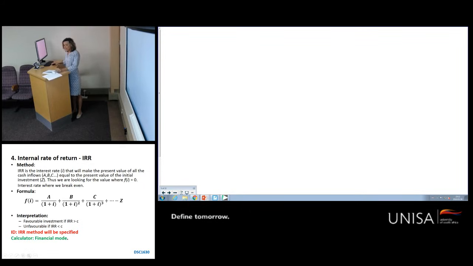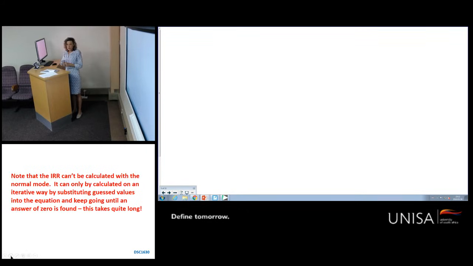Right, now let's look at Aziza again. There I've noted that the IRR can't be calculated with the normal mode. It can only be calculated in an iterative way by substituting guessed values into the equation and keep going until the answer of 0 is found, but that takes very long.